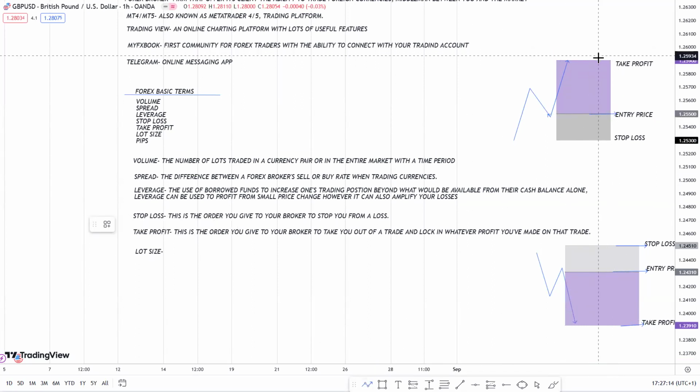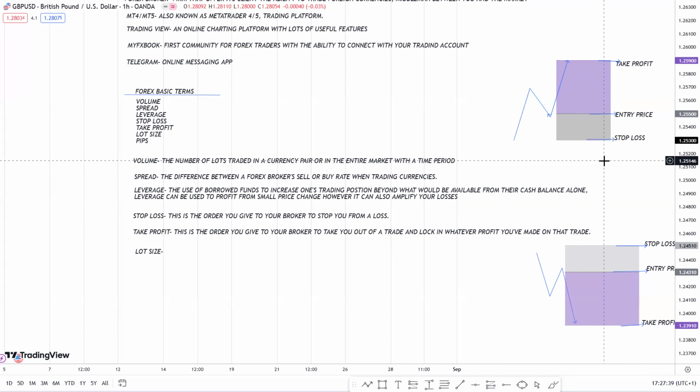So we are now going to deal with lot size. Then we're going to deal with pips. I'm going to take you guys through what lot sizes are, what lot sizes you're supposed to use on whatever trading position you want to use, on the account size that you have.